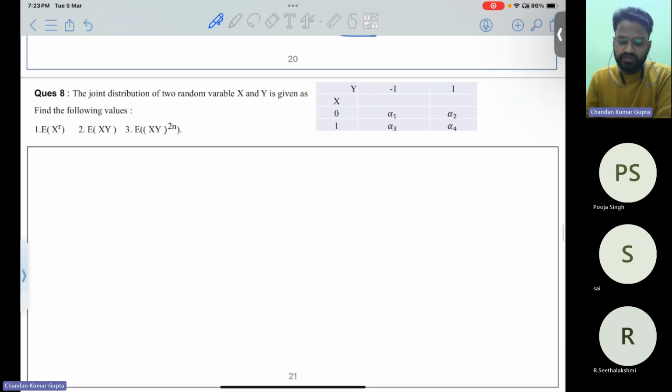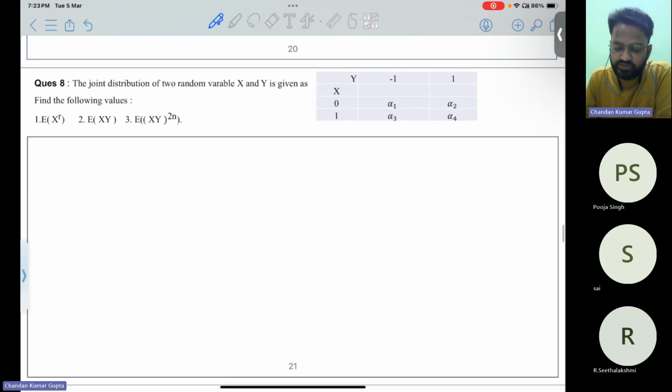Now the next question: the joint distribution of two random variables x and y is given like this. We need to calculate expected value of x to the power r, expected value of xy, and expected value of xy to the power 2n.